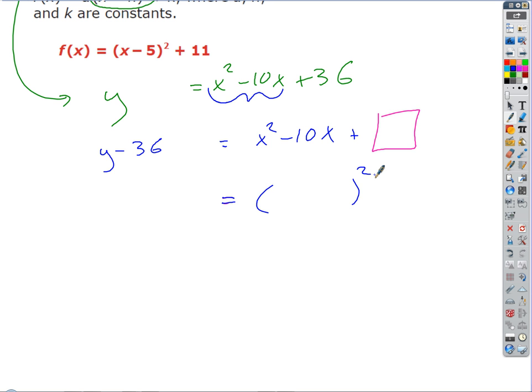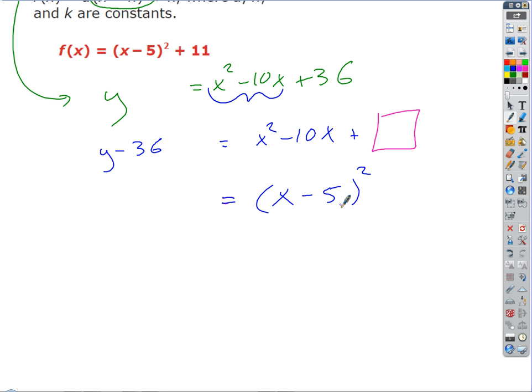So see if you can remember how we did that. If b is equal to negative 10, what's the number that's going to go with x in the perfect square? It's going to be negative 5, half of b. So if b is negative 10, half of that would be negative 5. And so we're going to end up on the right side with x minus 5 squared. So h is going to be 5, right?